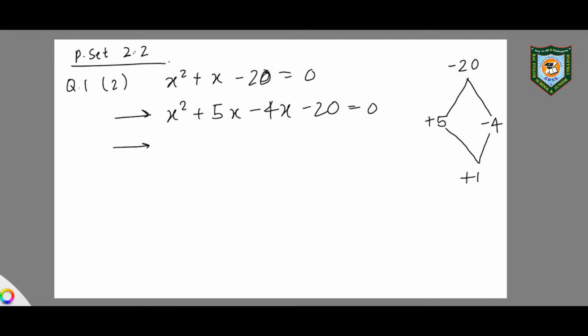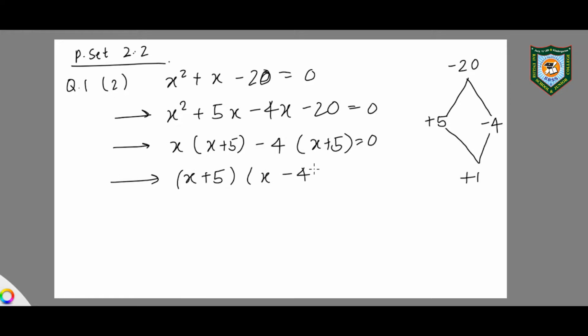So this becomes x plus 5, minus 4 common, and again x plus 5 is equal to 0. So this implies x plus 5 into x minus 4 is equal to 0. Therefore, x is equal to either minus 5 or x is equal to 4.